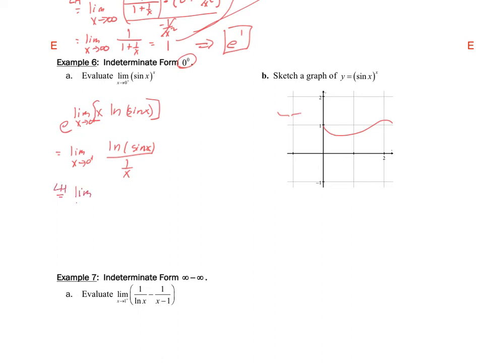My limit as x approaches 0 from the right. So derivative of natural log is 1 over the argument. Chain it. Derivative of sine is cosine. Derivative of 1 over x is -1 over x squared. And maybe we want to clean that up a little bit because that looks a little ridiculous.